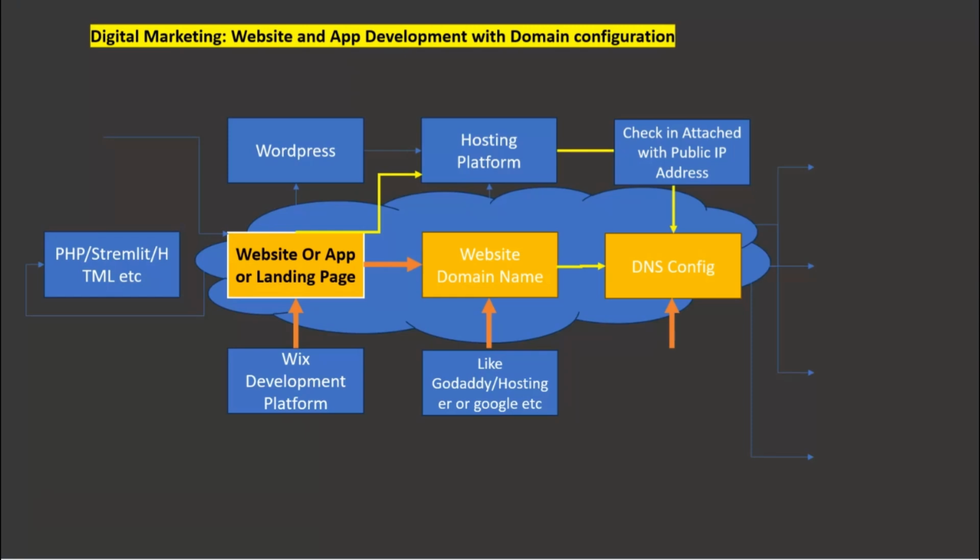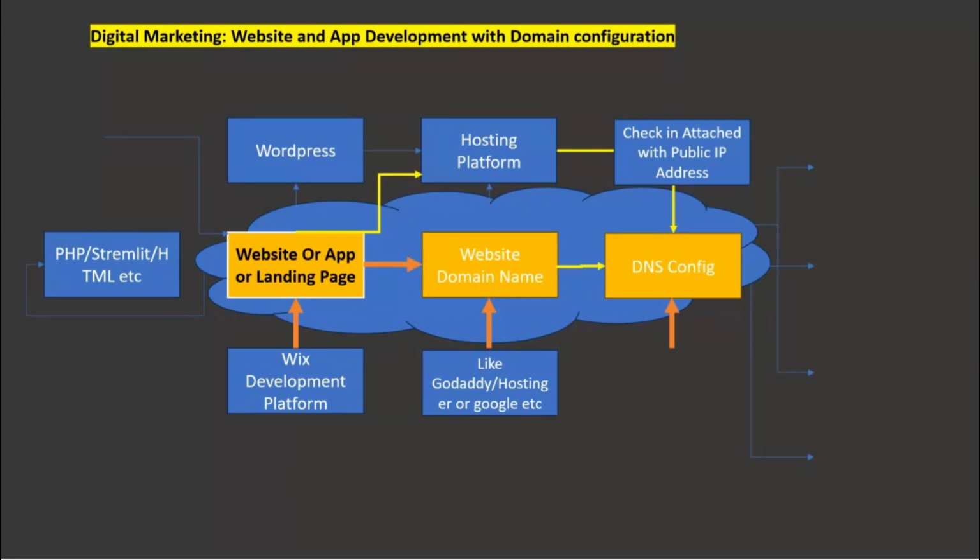We are giving the name because the computer will not understand our text website name. It has to be converted into an IP address, zeros and ones. So the IP address will be attached to your domain name. Domain name is attached to your website. All of them are hosted on a platform.